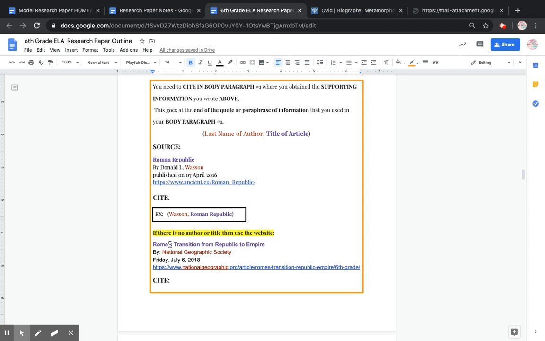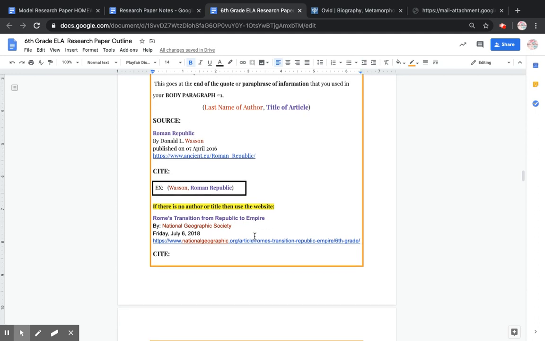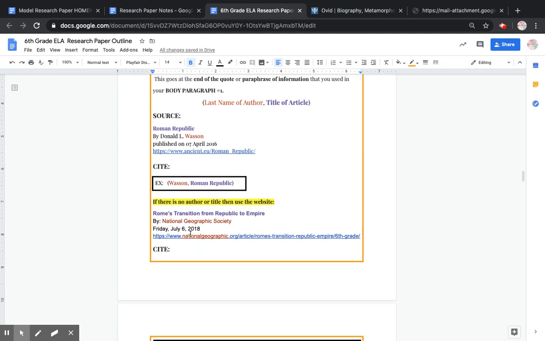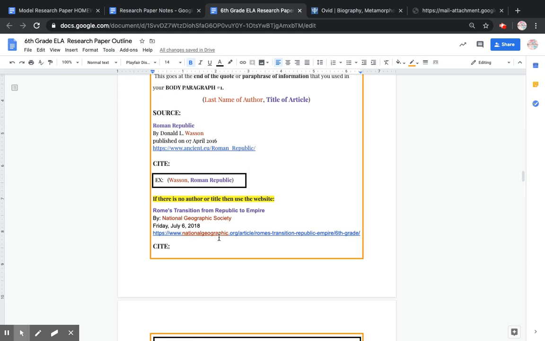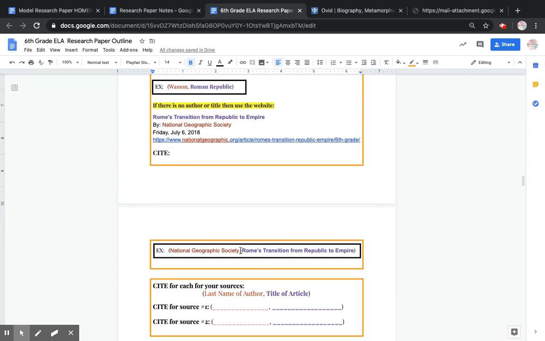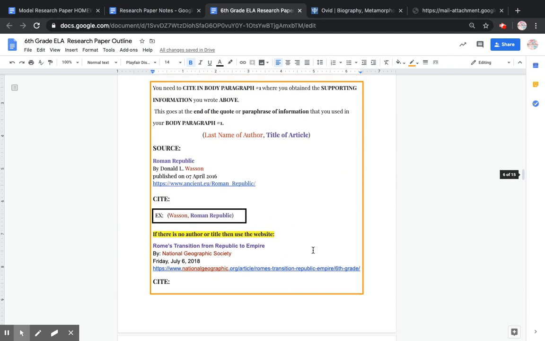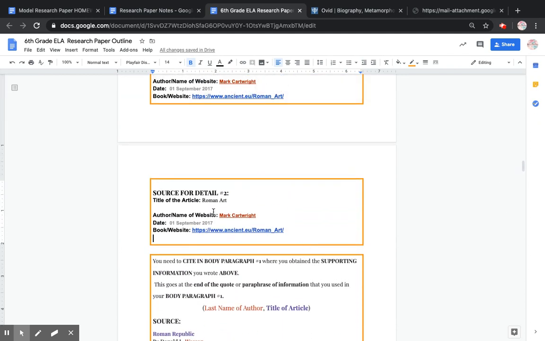Okay. If there is no author or title, you can use the website. So they had this one, and National Geographic was their website. So the way that they did that was National Geographic, comma, and then the title. Okay, so for my source, let's take a look at this. So I have Mark Cartwright. So Cartwright is the last name.